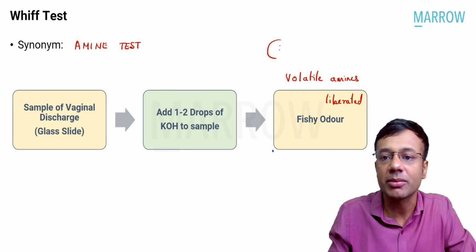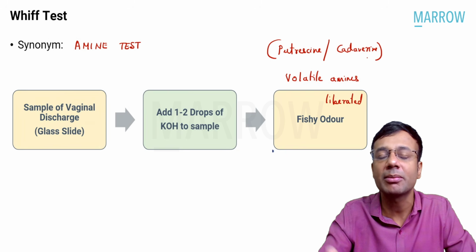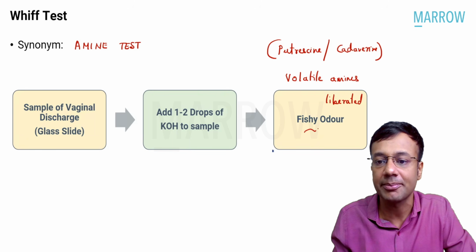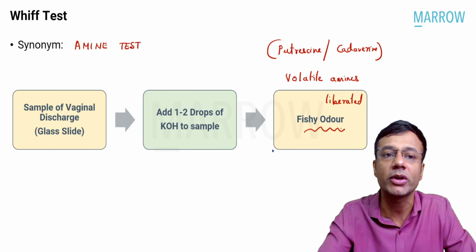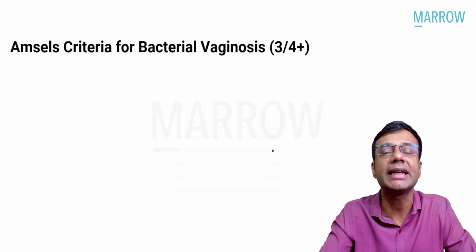Some important names to remember are putrescine and cadaverine. These two are the amines liberated, and their liberation is very characteristic of bacterial vaginosis and important in the production of this fishy odor. This whiff test or amine test is also part of an important criteria called Amsel's criteria.